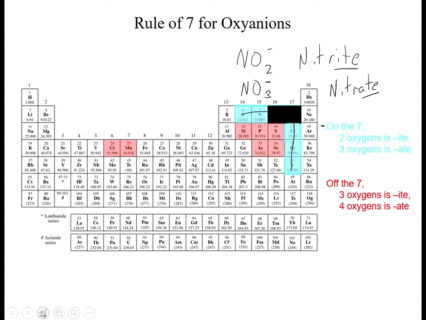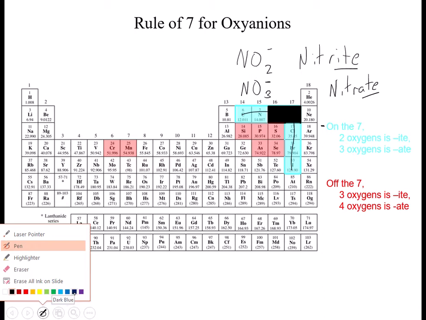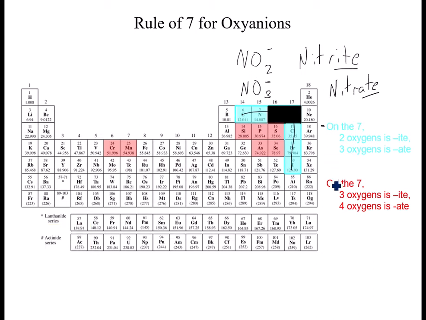Otherwise, which color's down here? Off the 7, these are the most common ones: silicon, phosphorus, sulfur, selenium, or arsenic. But also these metals over here, Cr and Mn. 3 oxygens makes it ITE, and 4 oxygens makes it ATE.